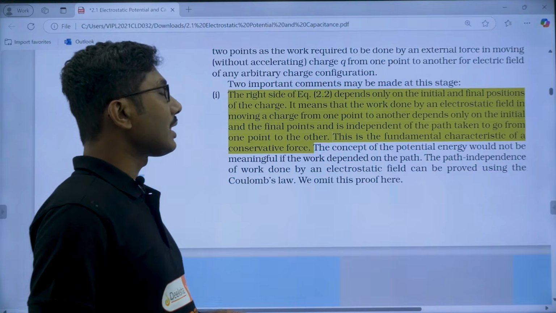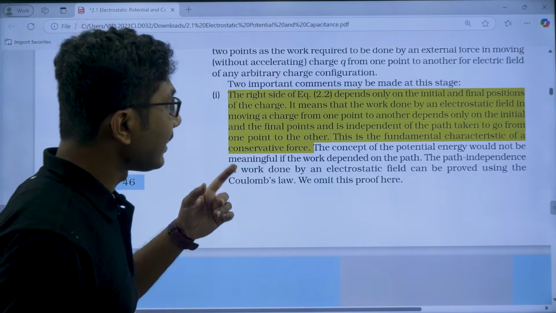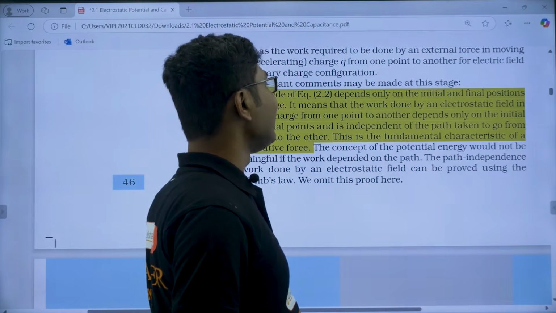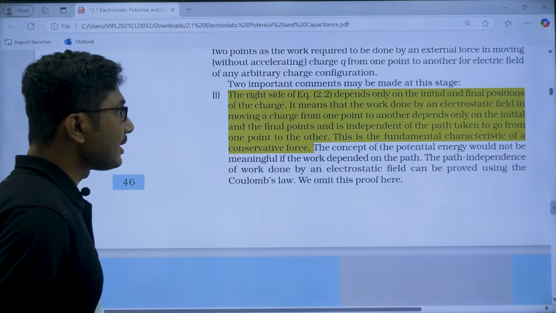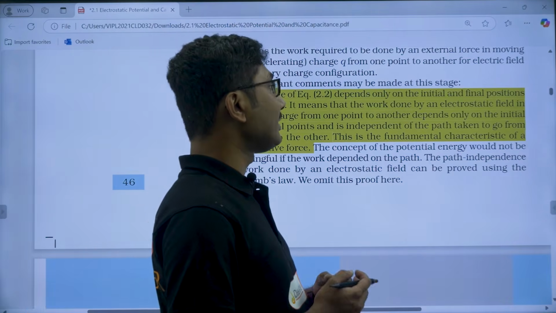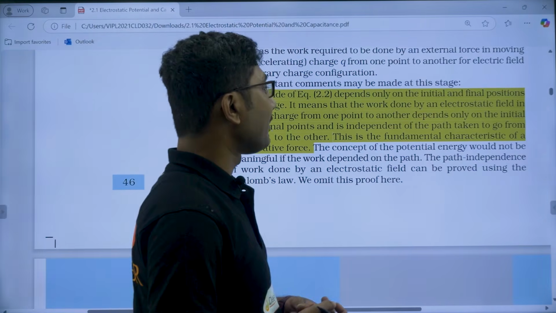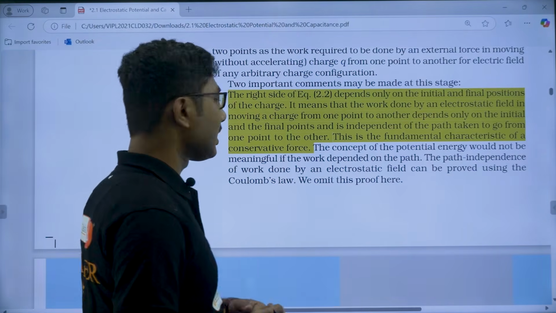It means that the work done by an electrostatic field in moving a charge from one point to another depends only on the initial and final points and is independent of the path taken. This is the fundamental characteristic of a conservative force.